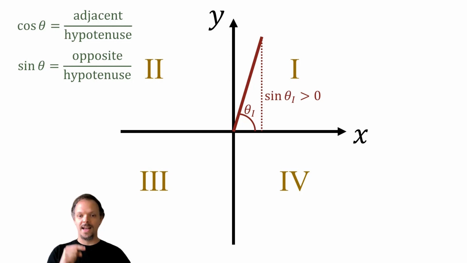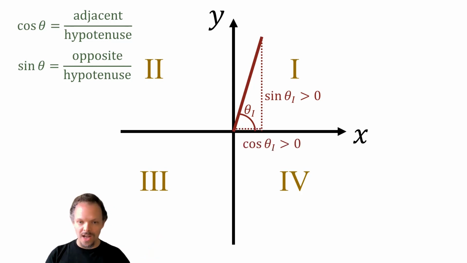And so the opposite side here is going vertically. Always be careful on where's the opposite and where's the adjacent. Here, the opposite side is vertical, so it's going towards the positive y direction. So that tells us that our opposite side is positive and the hypotenuse is always positive. So the sine of an angle in the first quadrant is going to be positive.